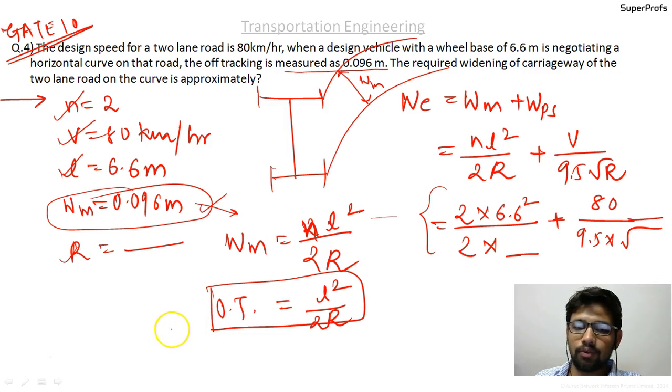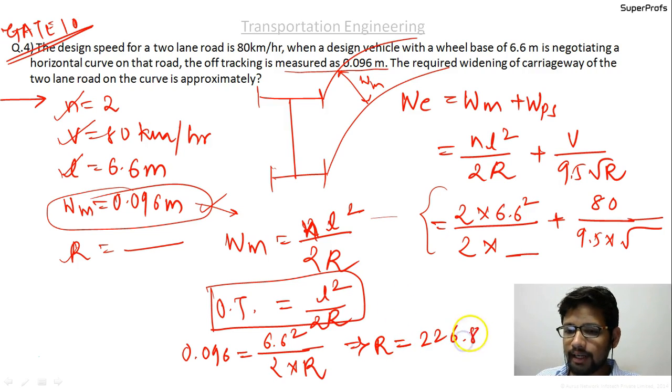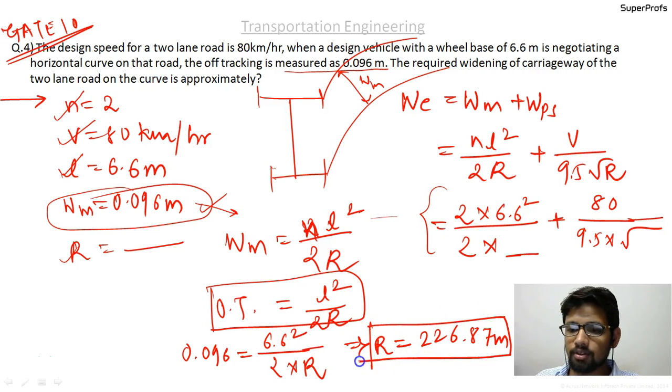So 0.096 equals 6.6 squared upon 2 into R. Now, one equation, one unknown, so we get R equal to 226.87 meters.